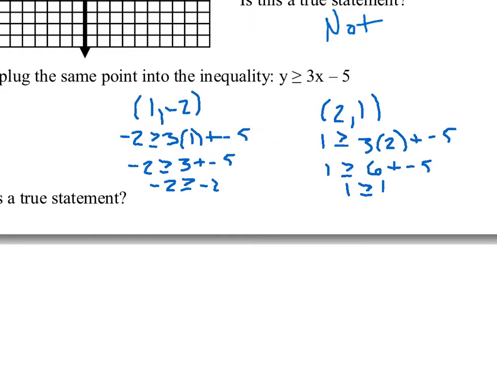Kip yes or Kip no. Are these statements true? Yes, absolutely. -2 is greater than or equal to -2. So now these statements are true.